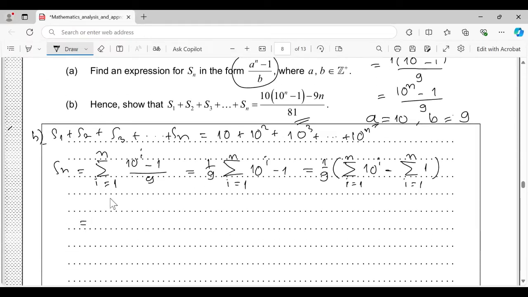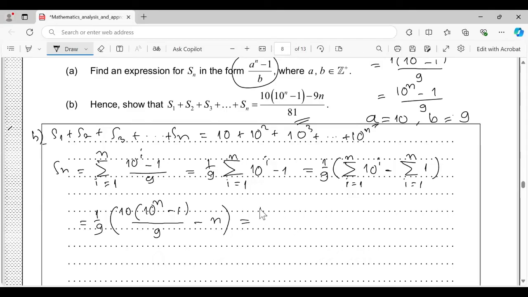Then 1 over 9, for the sigma i equals 1 to n of 10 to the power i, is 10 multiplied by 10 to the power n minus 1 over 9, minus this one, which is n.